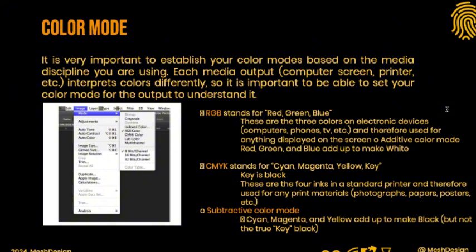So if you are doing a particular flyer and you're not printing it, you want to post it or use it for presentation on a computer screen, phone, TV, etc., you will set the color mode to RGB. The color mode you see on your computer is RGB.